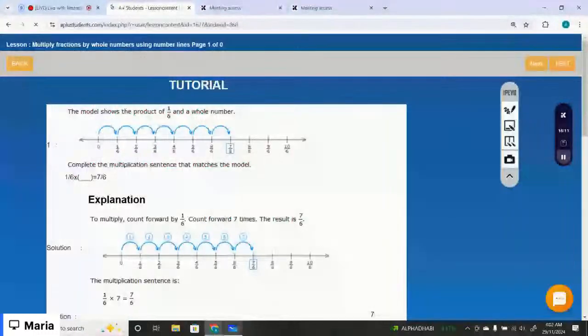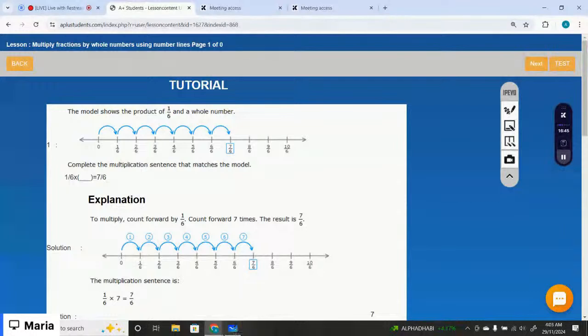The model shows the product of 1 by 6 and a whole number. You have to see what whole number it is.